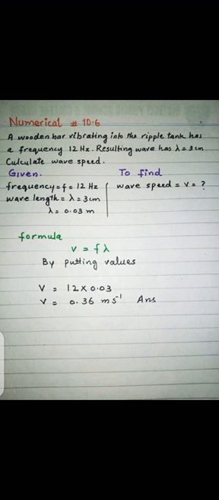By multiplying, the final answer is V equals 0.36 meter per second. Hence the wave speed of the waves will be equal to 0.36 meter per second. Do you understand?